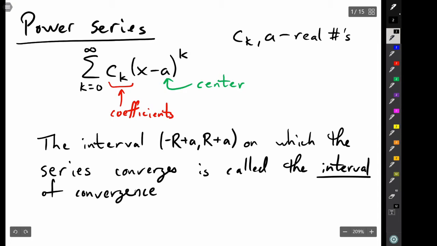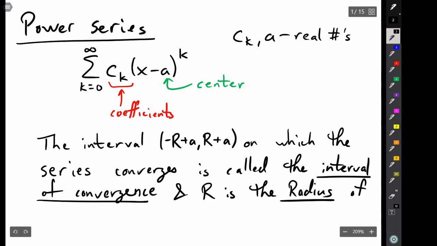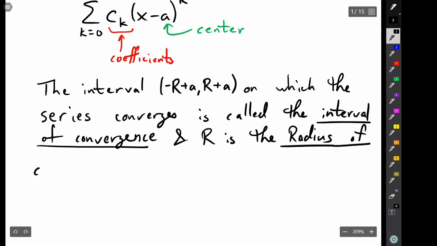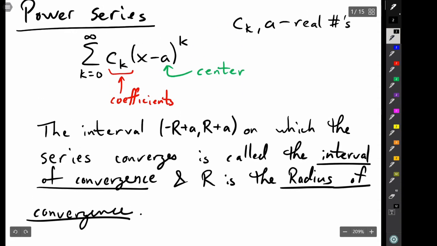And r is what's called the radius of convergence. So again, what we're doing here is saying, starting at x equals a, what sort of one-dimensional circle can we make on which this series converges?